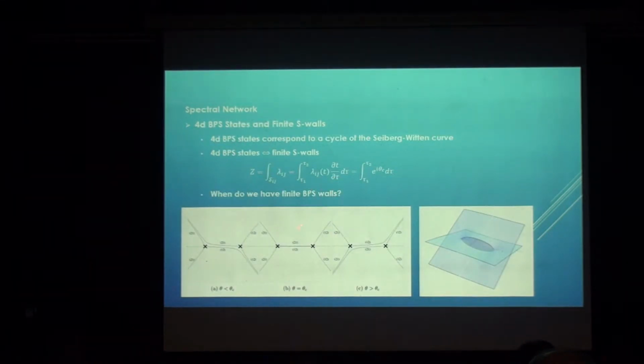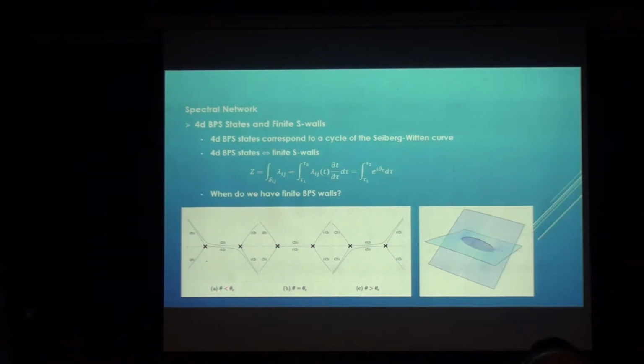At some point, we will have multiple S-walls at a given theta. Usually the S-walls come from some branch point and go to infinity. But at a certain critical theta, two S-walls might collide with each other and become one S-wall from one branch point to some other point, and the whole S-wall has a finite length.